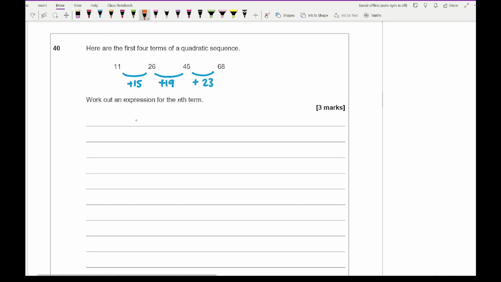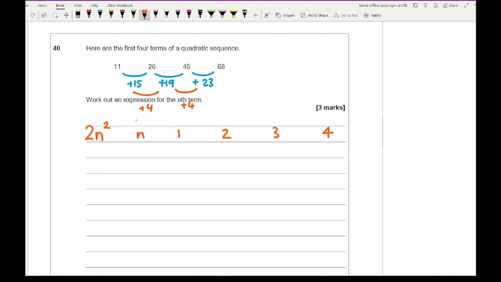I then need to work out the double difference. So that's going to be plus 4 plus 4. So that means what's going to be in the formula is the double difference divided by 2, which is 2n squared. So then if I then work out my table, so I've got n, I've got 1, 2, 3, 4.